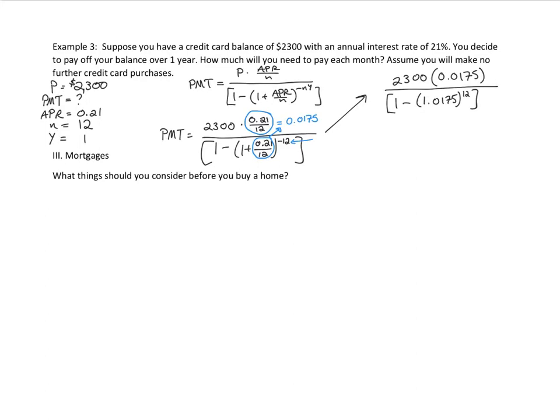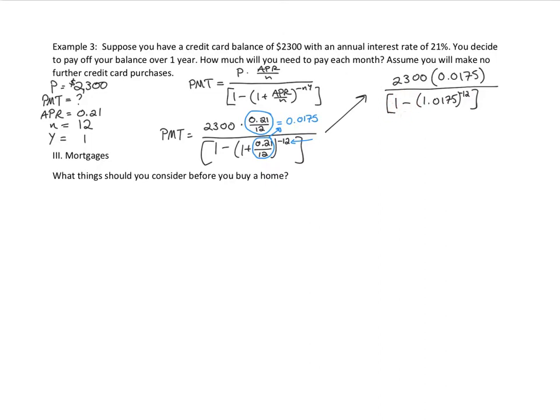So again, we can simplify the top. That's no problem. It's just a quick multiplication. But then simplifying the bottom, which I realize there should be a negative here for the exponent. You want to figure out this base and exponent first and then subtract it away from 1.